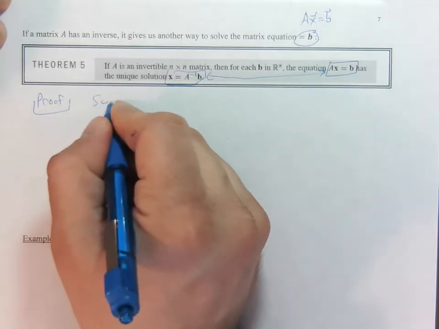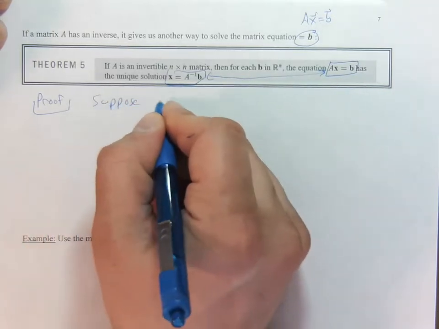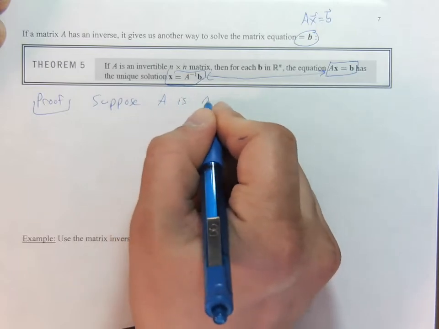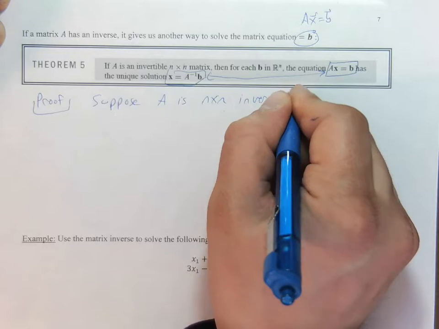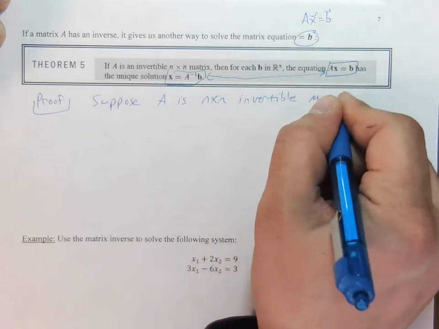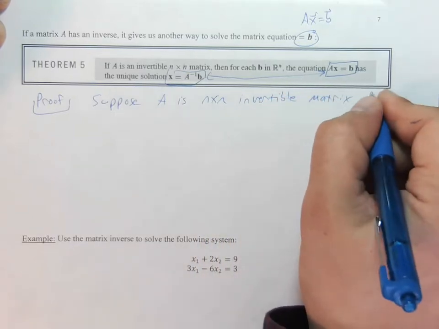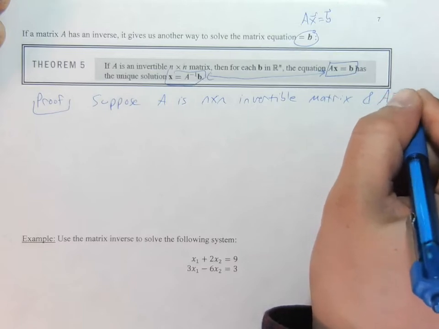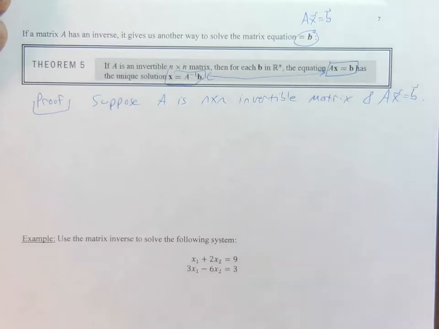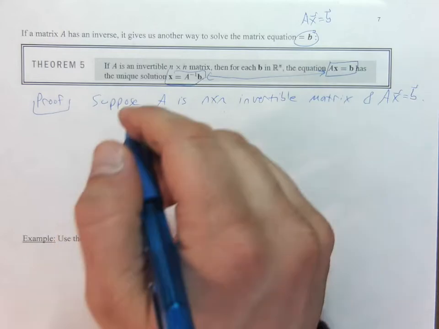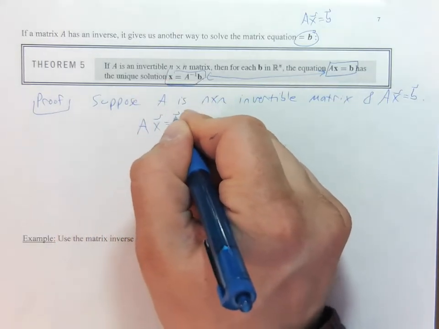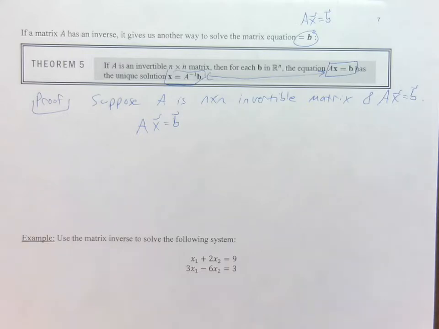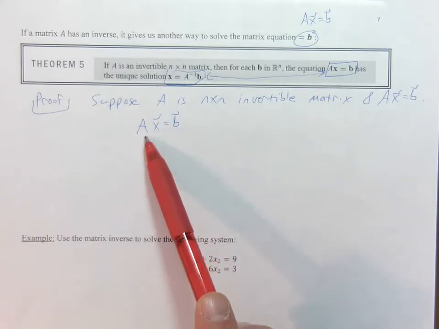So let's say we have an invertible matrix. So suppose A is a square invertible matrix. And let's suppose we want to solve the equation AX equals B. Well, we can take the equation AX equals B, and we can just multiply on the left by A inverse.